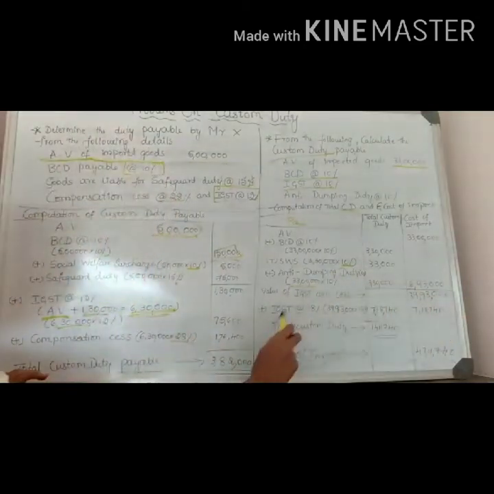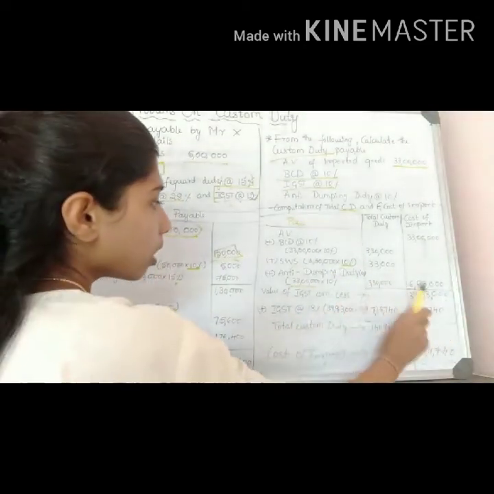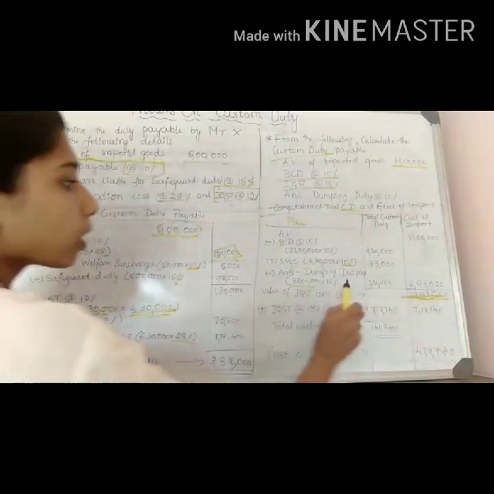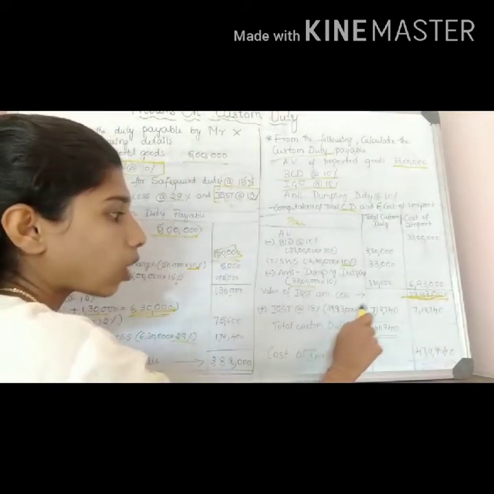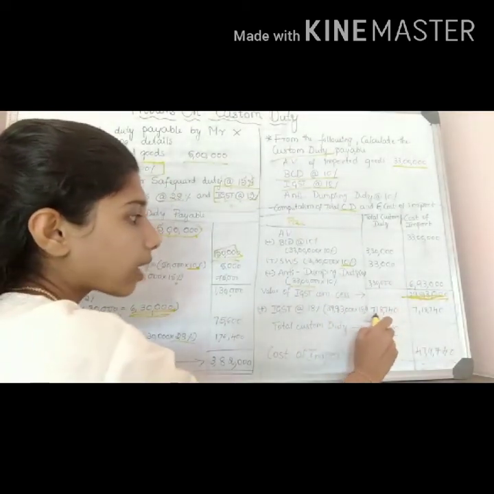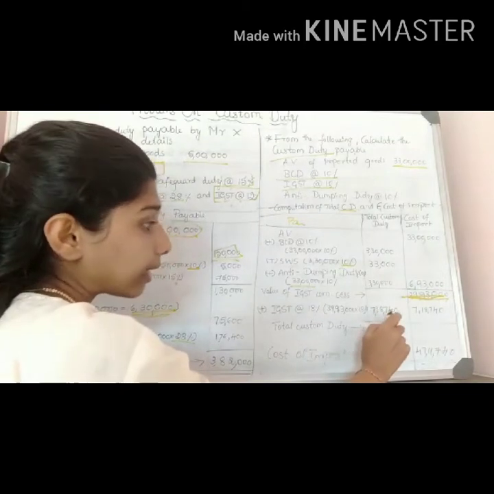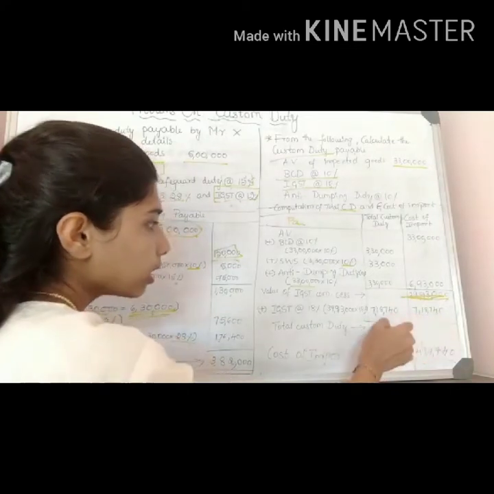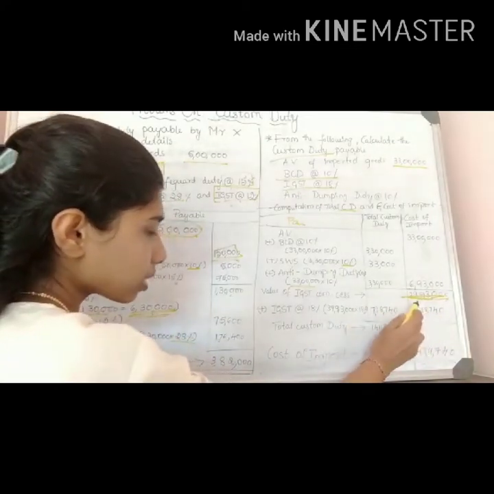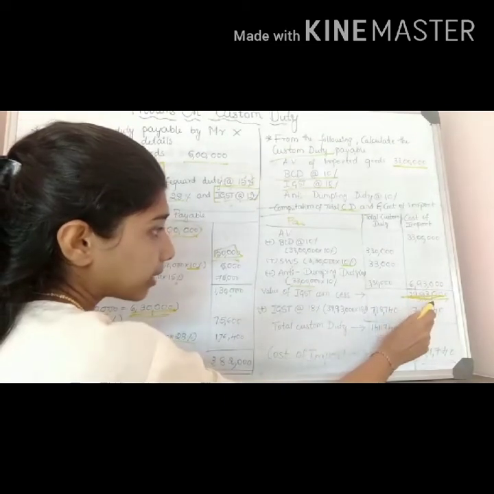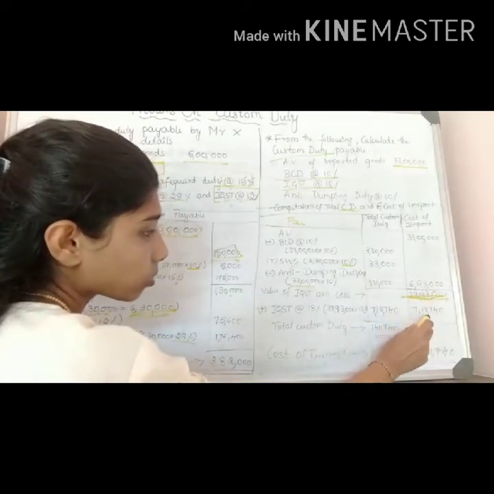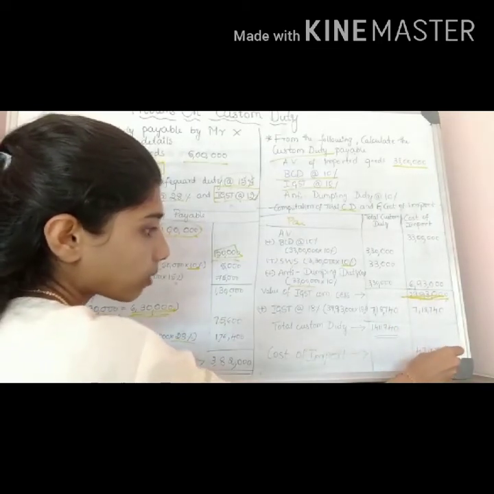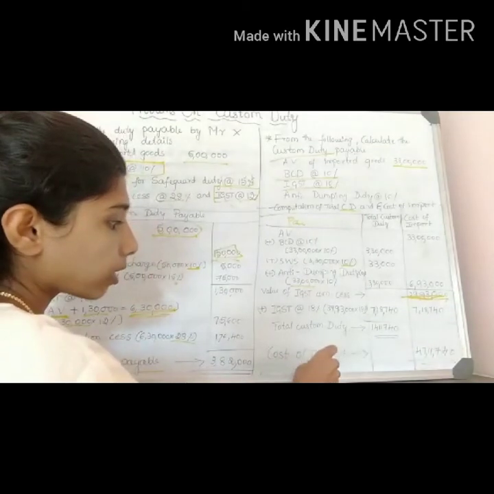Next, add IGST at 18% on this value: 39,93,000 into 18% is 7,18,740. Adding 39,93,000 plus 7,18,740, the total is 47,11,740. That is the cost of import.